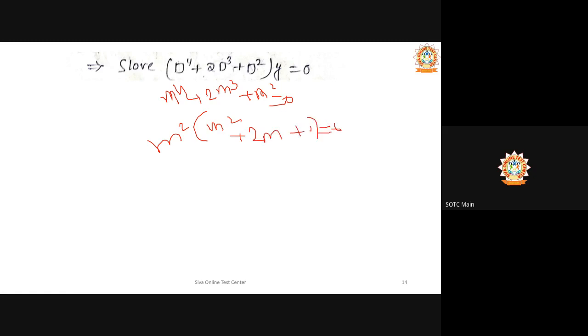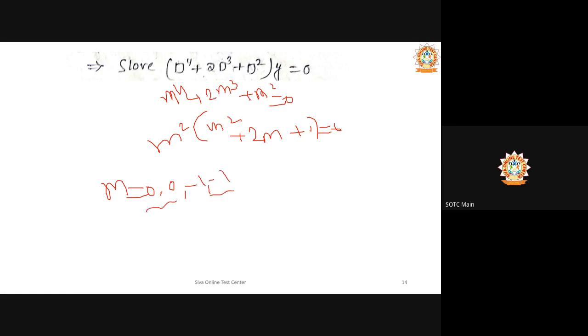So definitely m square is equal to 0 and put, 2 roots become 0, na. 2 roots are 0. And tell me what about the remaining 2? Minus 1 comma minus 1. Very good. Minus 1 comma minus 1. So now if you see, these 2 roots are real and equal.